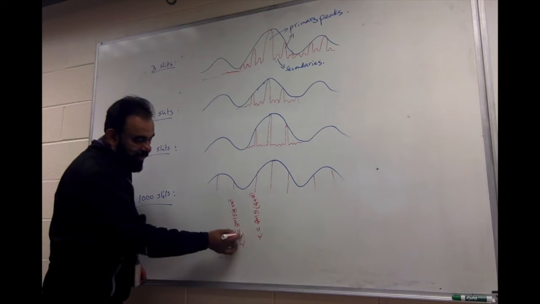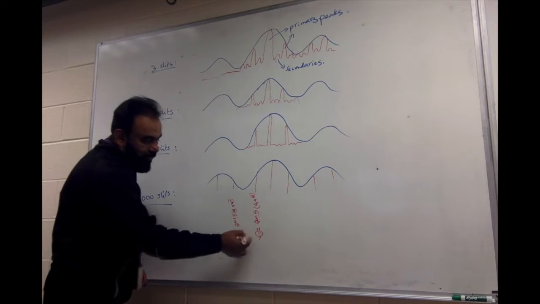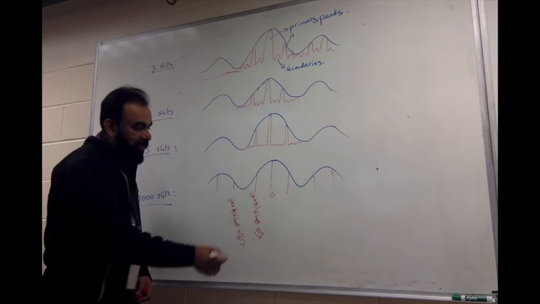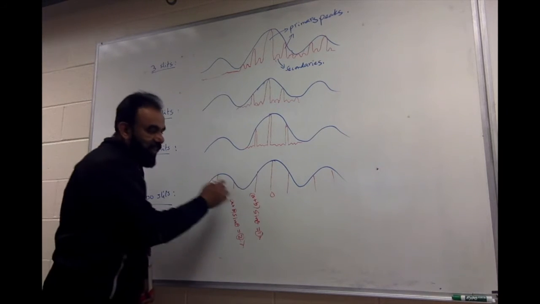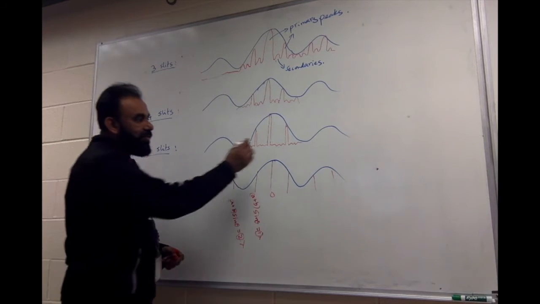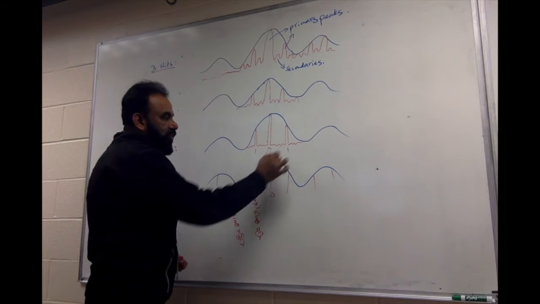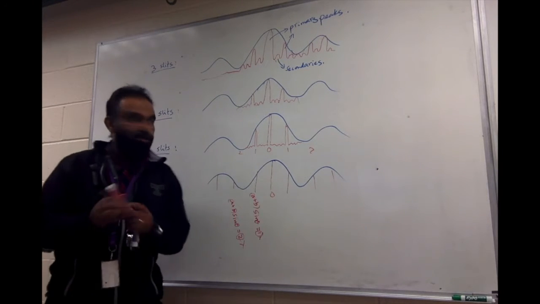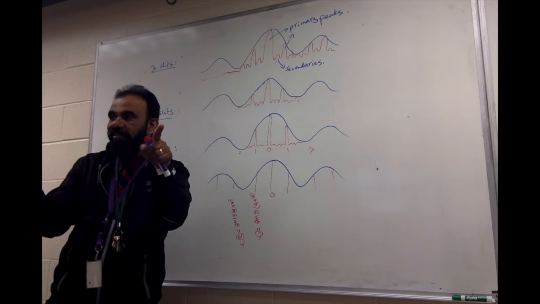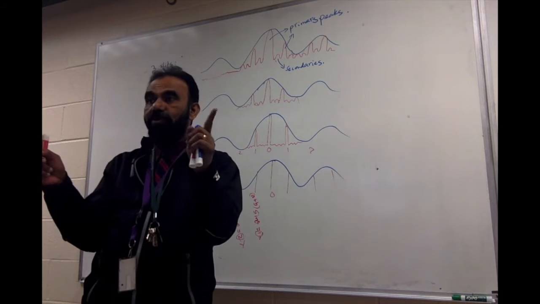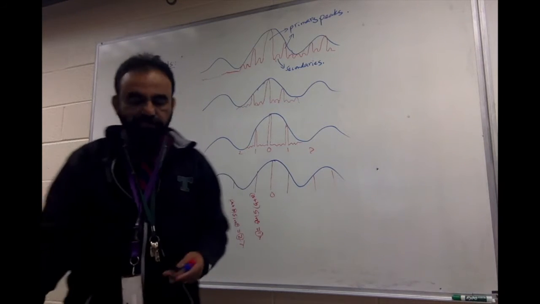And this number that you see here before the lambda is called the order. So this is the 0th order, that's the first order, the second order. They're all called orders, if available. Now you saw how many orders were visible, right? You saw fewer orders for red, more orders for green.